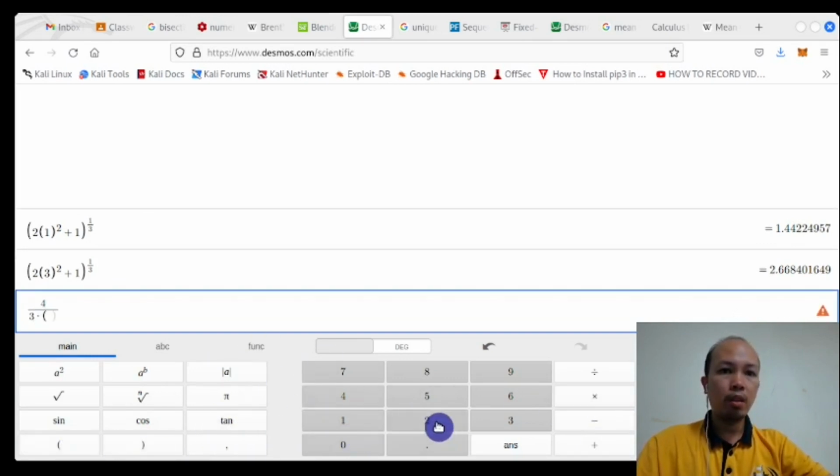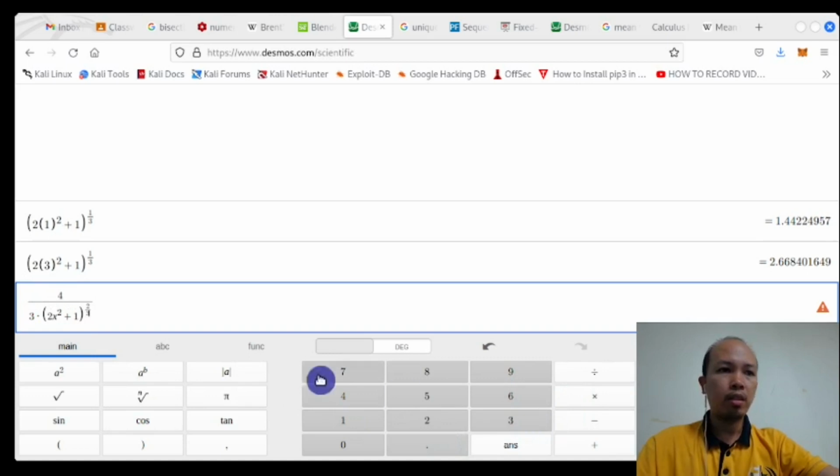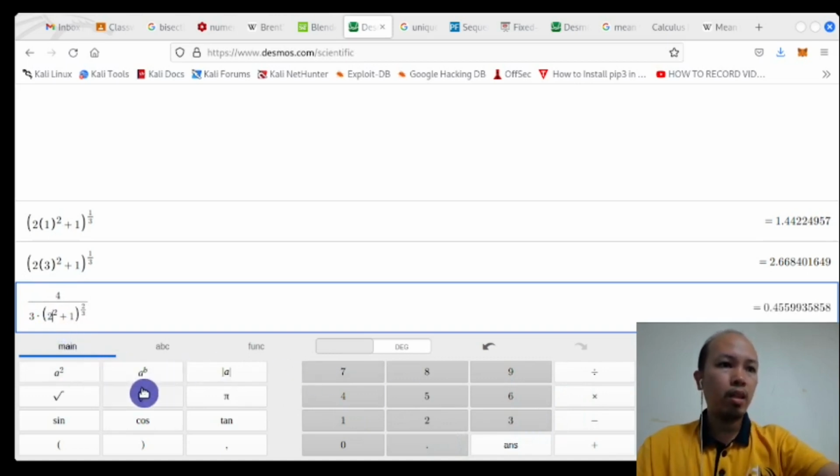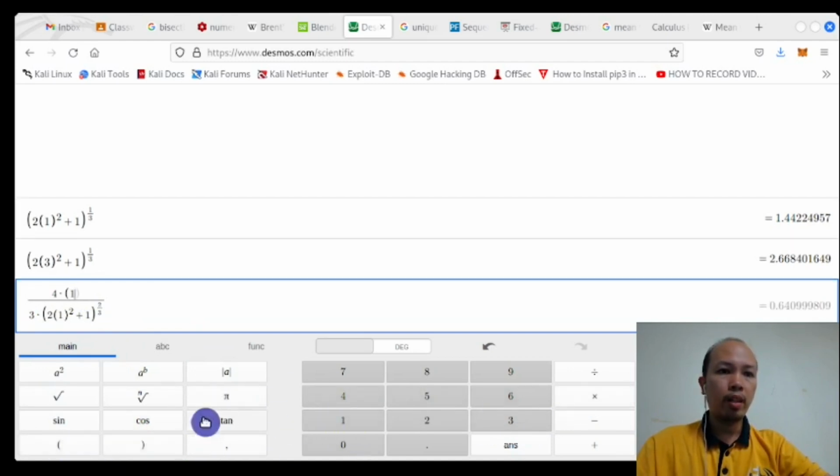Quantity of 2x squared plus 1 close raised to the power of 2/3, 2 divided by 3, and then let's replace that one by 1, and also the numerator is times the quantity 1.